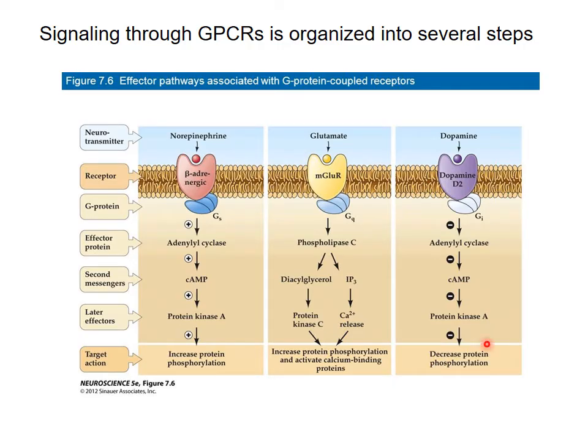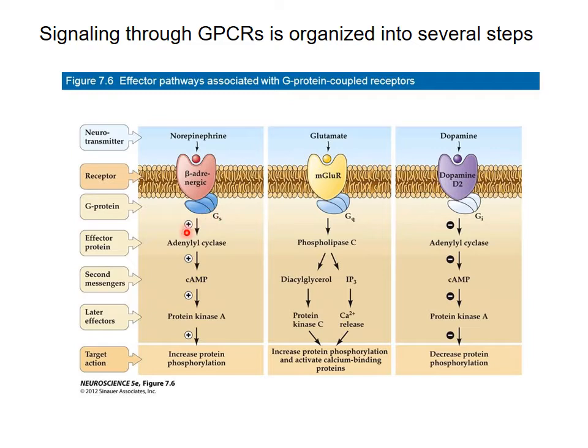Now here are some examples that will also show you how the signaling is organized into several steps. Let's start with norepinephrine. Norepinephrine binding to beta-adrenergic receptors, a G protein coupled receptor, is going to lead to activation of Gs, or stimulating G proteins.